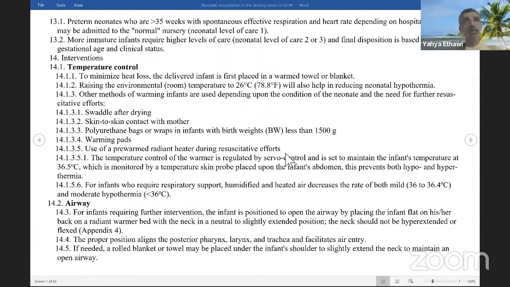This is a very important survival indicator. And the first thing you check when the baby arrives to an ICU is the temperature, also sugar and saturation.